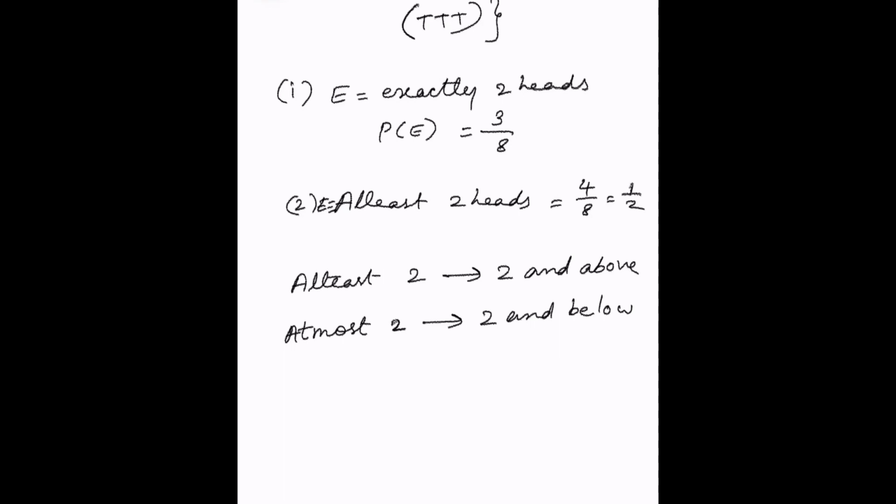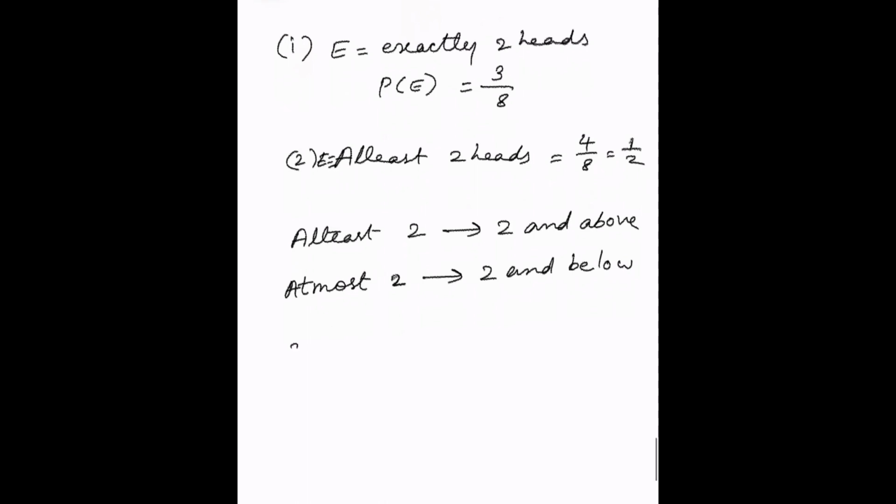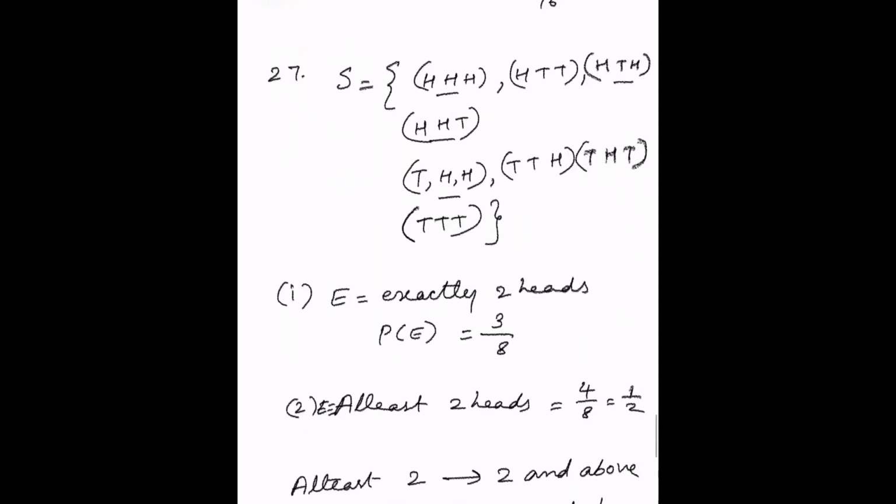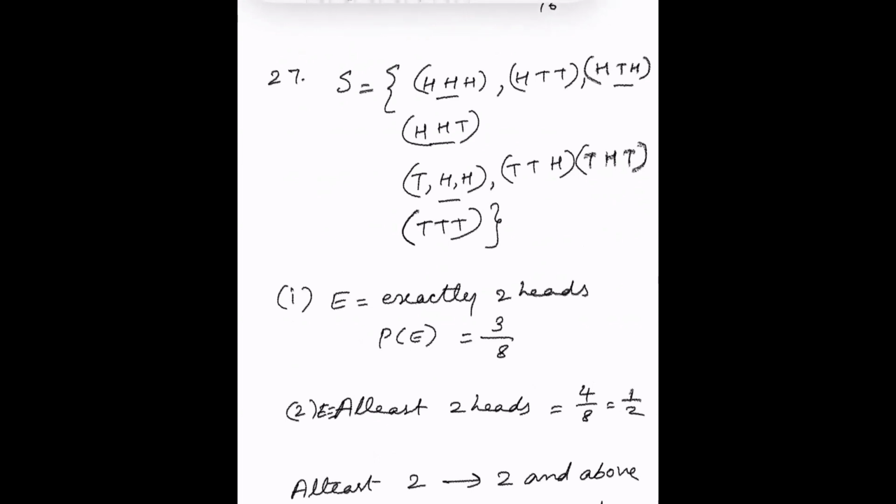Okay, now let's see the third subdivision. It is talking about at most 2 heads. Probability of at most 2 heads. So at most means maximum 2. That includes no head, one head and two heads. No head is this one, all three tails.